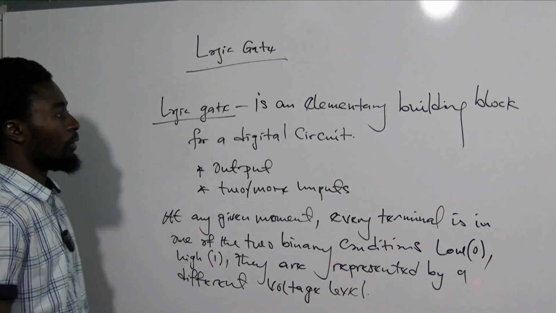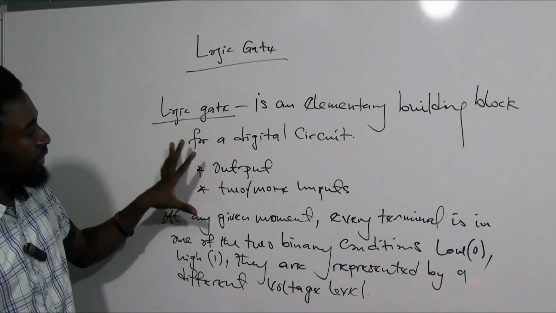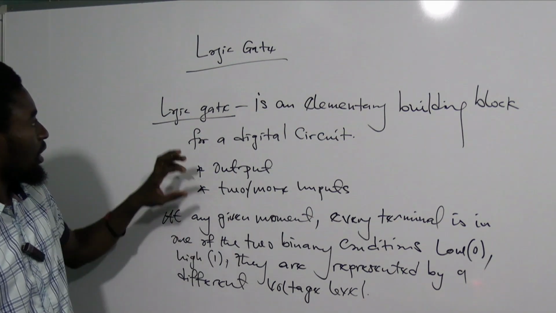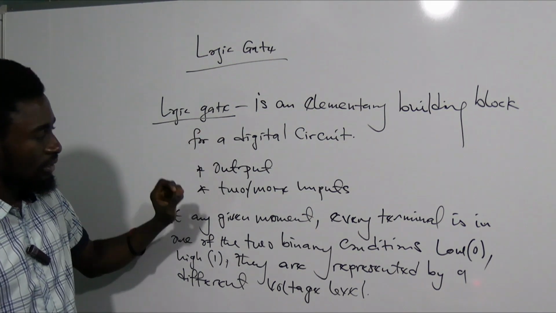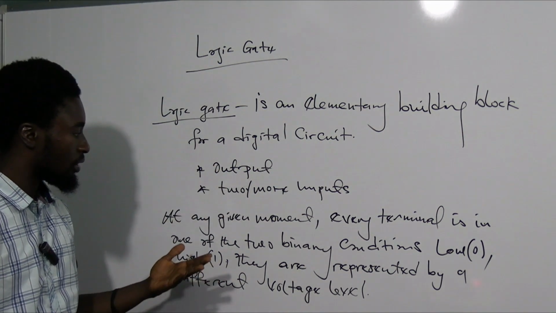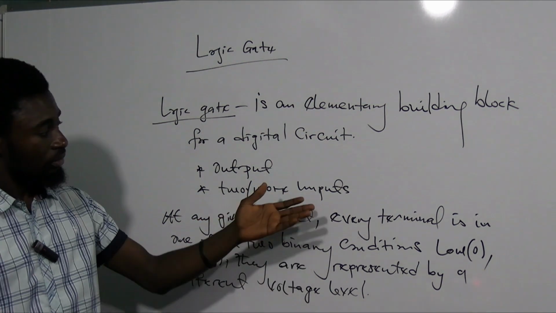So if we want to understand absolutely what logic gate is, that is what exactly you have to get as an overview. And those logic gates we'll be discussing here may have one output and two or more basic inputs.